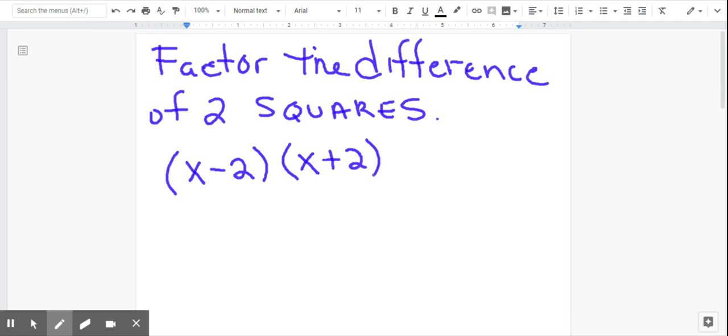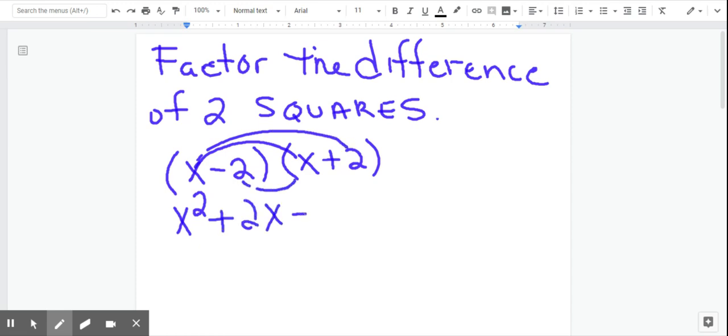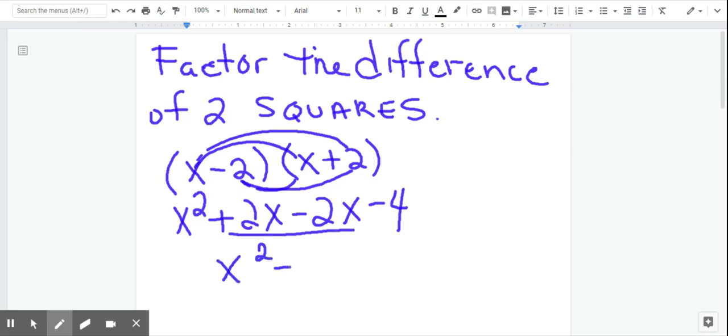What did we get for an answer when we multiplied this? We got x times x was x squared, plus 2x, minus 2x and minus 4. The two middle terms go to 0 or cancel out, and you got x squared minus 4.